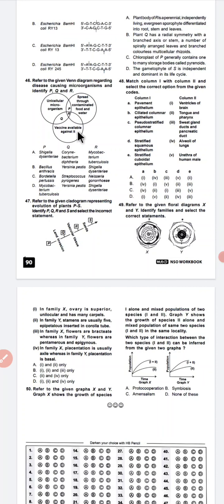Vaccine is available against it. The options A, B, C, D are there. You have to choose the best option. Now question 46, the correct answer option is A.